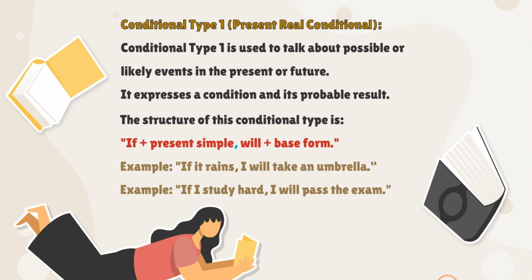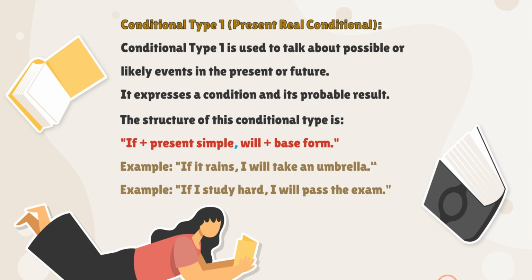For example, if it rains, I will take an umbrella. Another example, if I study hard, I will pass the exam. This sentence expresses a possible or likely event in the present or future. Here it is for the future.